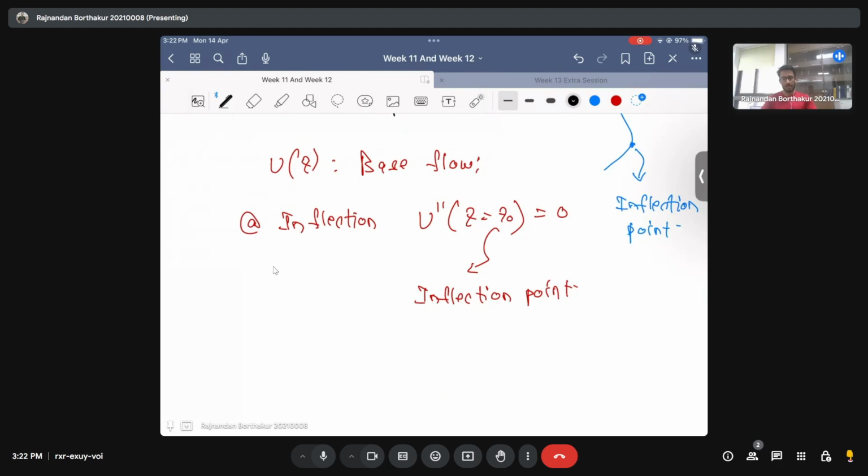Although we'll not solve the exact Rayleigh stability equation today, because that equation is somewhat more complex. I will just give you a flavor by taking a prototypical eigenvalue problem, and then I'll show you how to solve it. The same methodology can be applied when you try to solve the Rayleigh stability equation, at least numerically. Okay.